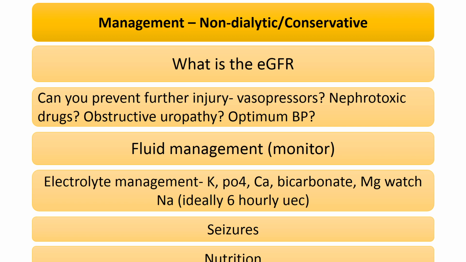If the next day when we see the patient has passed 200 mils of urine, it means that their fluid intake for that day will be insensible losses, the 400 mils per meter squared, plus whatever they passed the previous day as urine, in this case 200 mils, and give that.